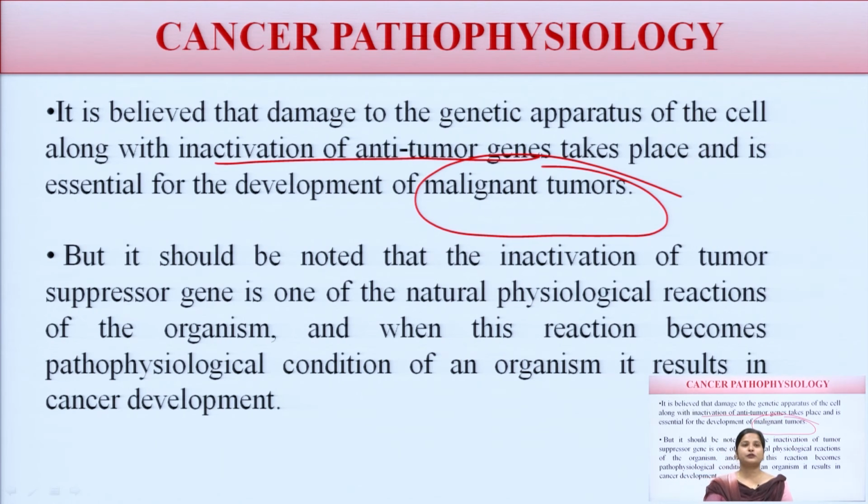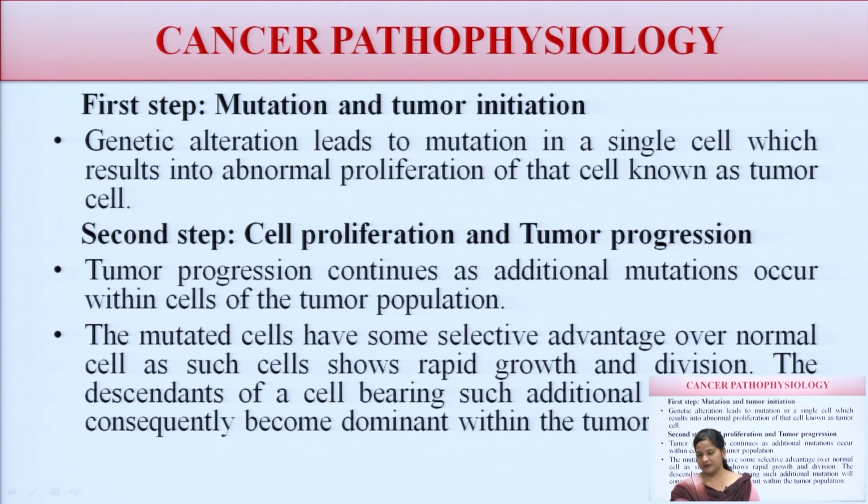But it should be noted that the inactivation of the tumor suppressor gene is one of the natural physiological reactions of the organism. When this reaction becomes a pathological condition, the organism develops cancer.